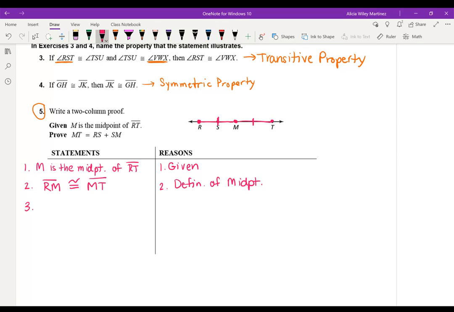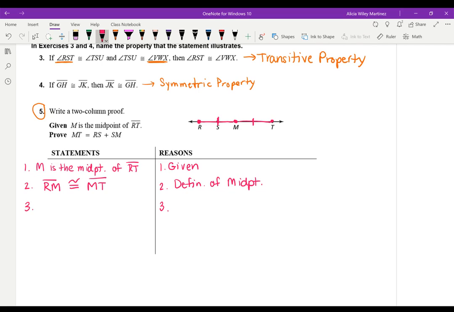Step 3. Okay. In step 3, I notice that in my proof statement, I have an equal sign. So I want to change that congruency to an equal sign.